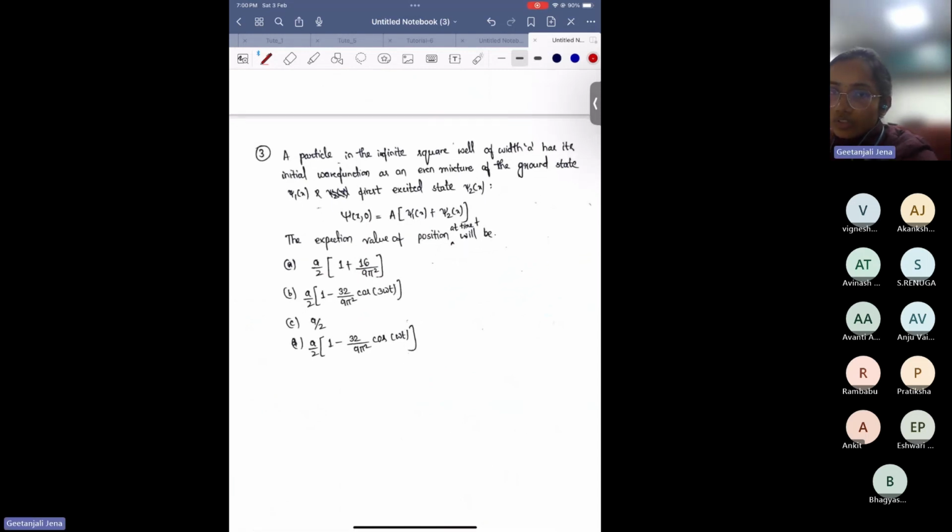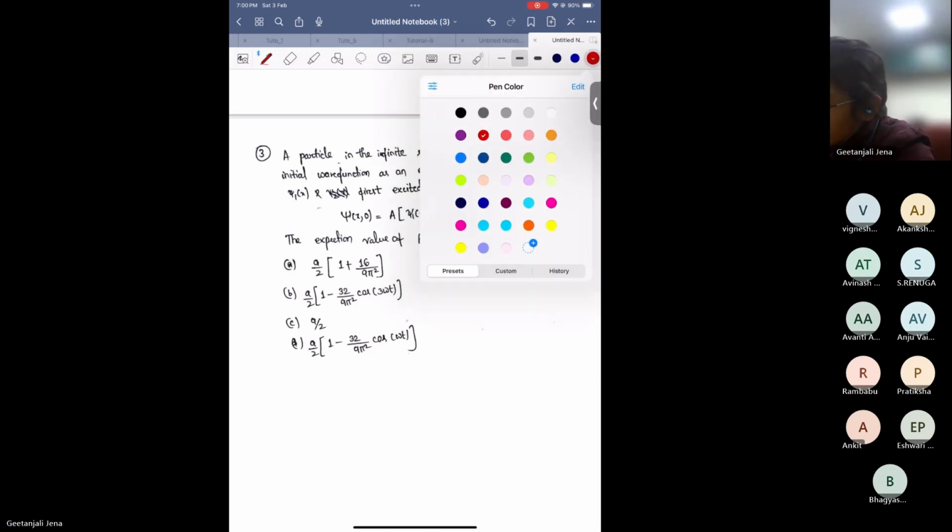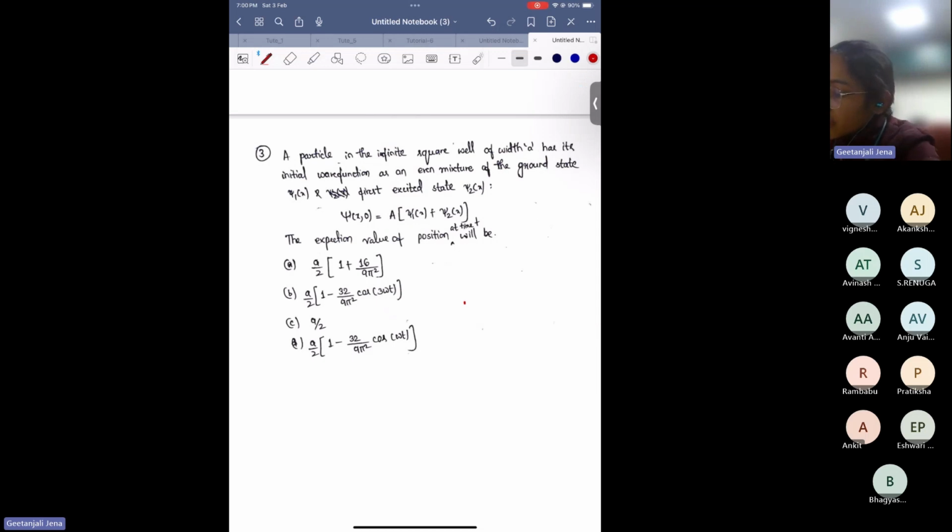So everyone just read the question. The question is: a particle in the infinite square well of width a has its initial wave function as an even mixture of the ground state psi1 and the first excited state psi2, which is given in this form.